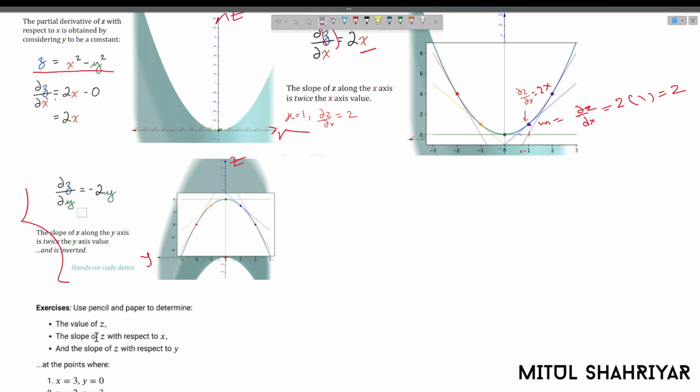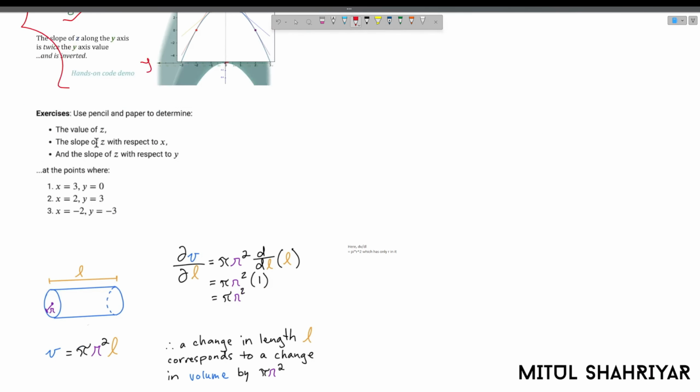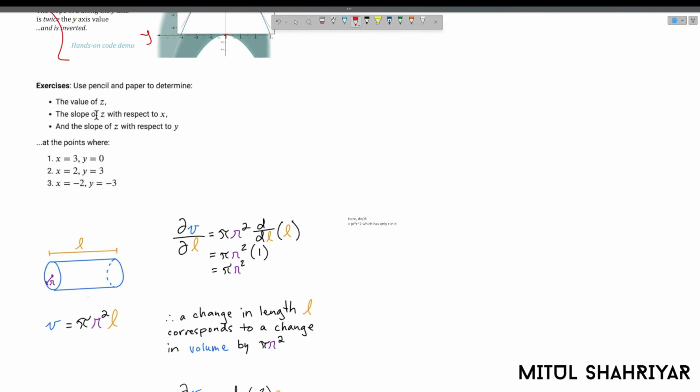It's only considering the slope between the z and y axis, and this is the slope between the z and x axis. That's it. But in the partial derivative we will actually consider both. We'll learn that within a while. Now these are some examples and exercises for you, so you can solve them.